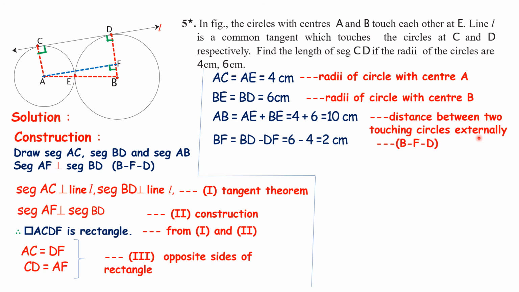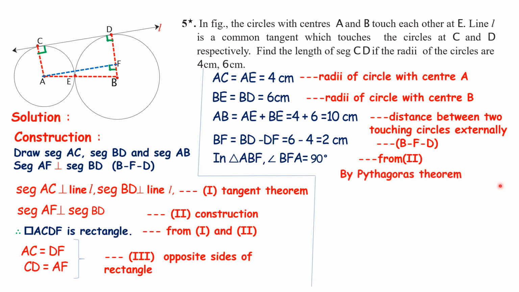In triangle ABF, angle BFA is equal to 90 degrees. Therefore, by Pythagoras theorem, from statement number 2, AB square is equal to AF square plus BF square.